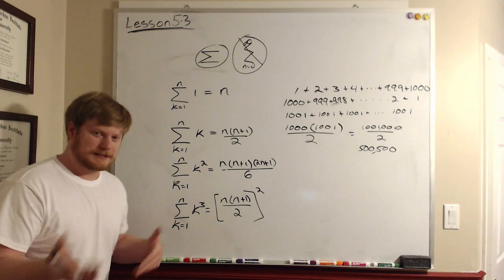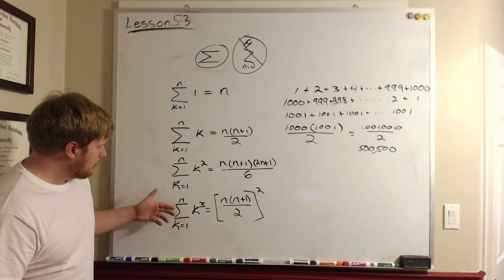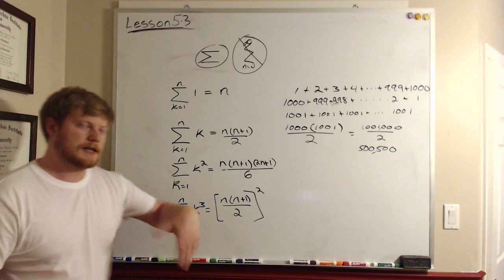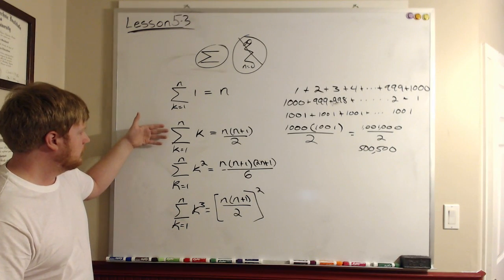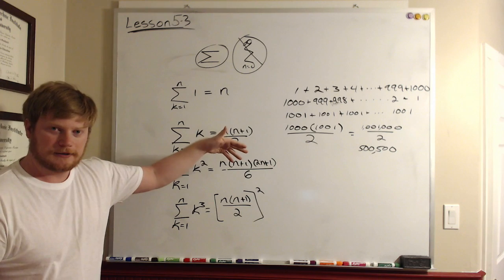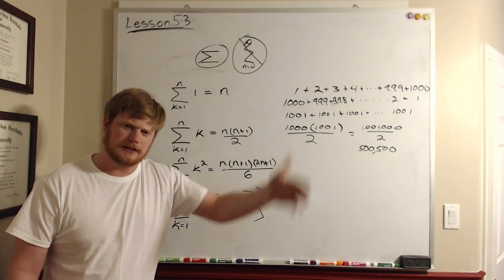Because basically what that's saying is the sum of consecutive cubes is equal to the square of the sum of consecutive integers.